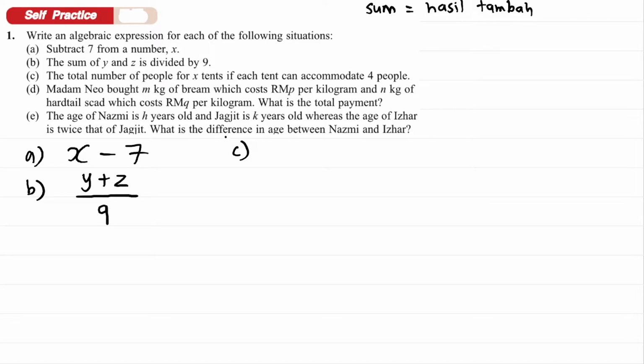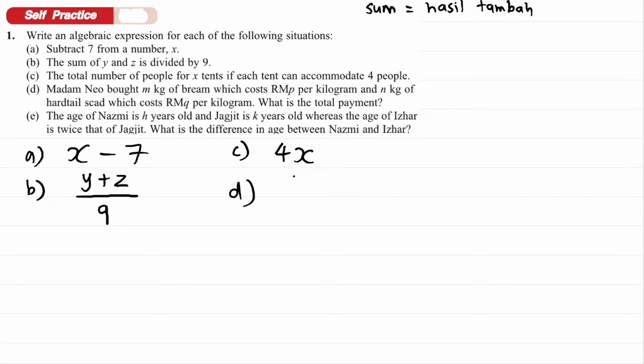Tengok C. The total number of people for X tents if each tent can accommodate 4 people. So, kita darab je lah. 4 darab X macam tu je. Tengok D pula. Madam Nia bought M kilogram of prawns which cost RM P per kilogram, and N kilogram of another item which cost RM Q per kilogram.